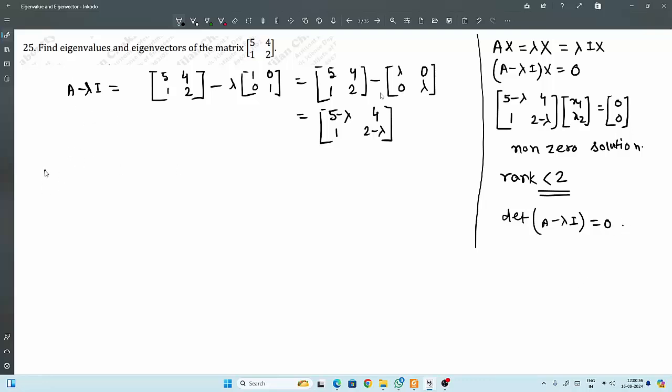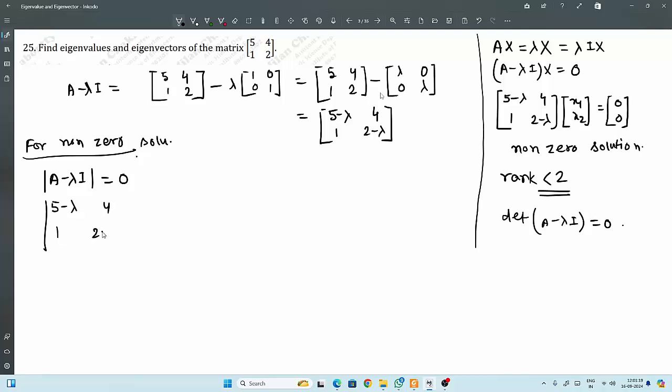Now we will make the determinant of A minus lambda I equal to 0. So for a non-zero solution, your determinant should be equal to 0. That means the determinant of 5 minus lambda, 4, 1 and 2 minus lambda is equal to 0.